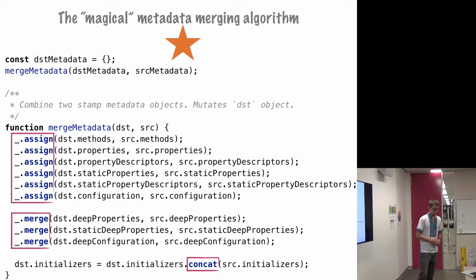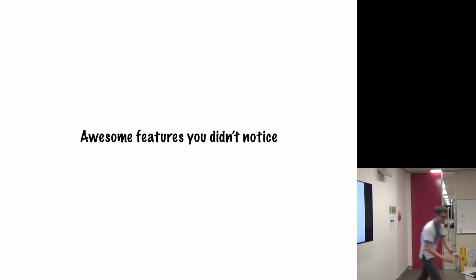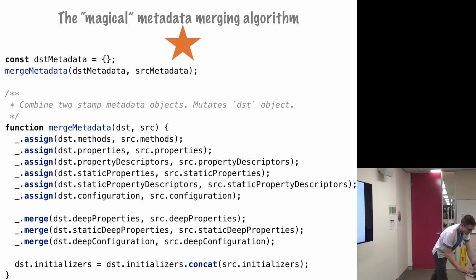All right. A few awesome features you didn't notice. I will skip one JavaScript related, and we'll go to that one. So you can override the .compose. What does it mean? Oh wait, forgot to say.